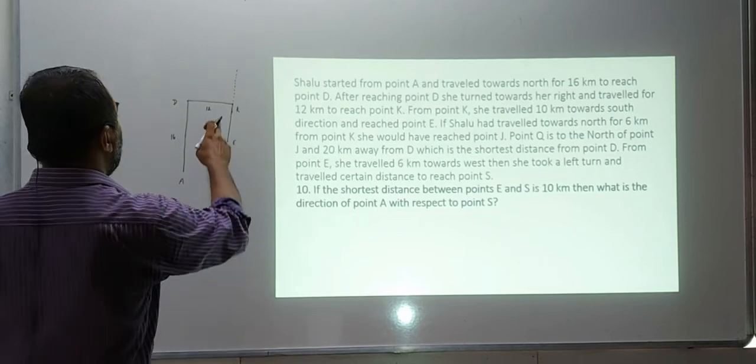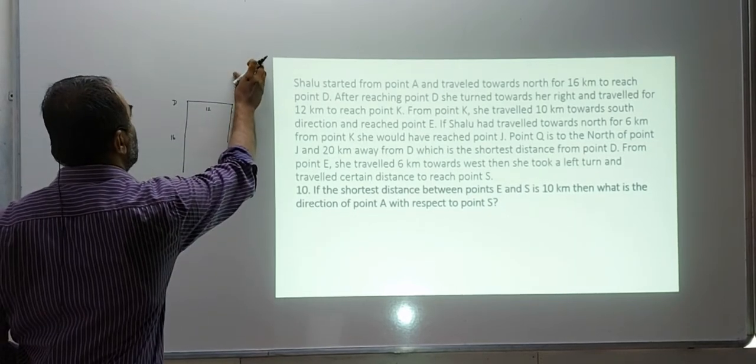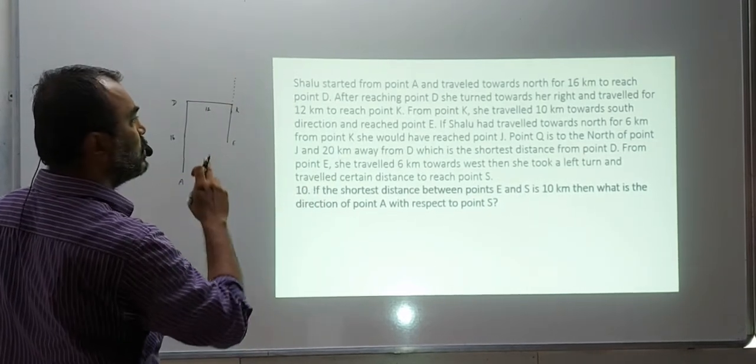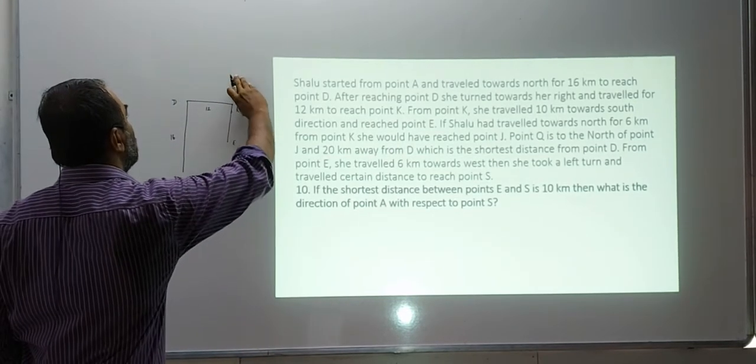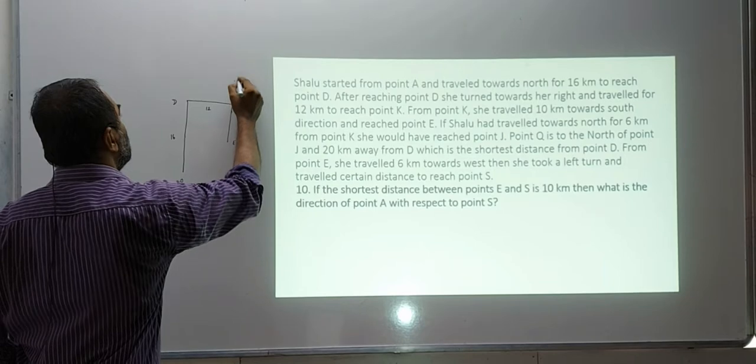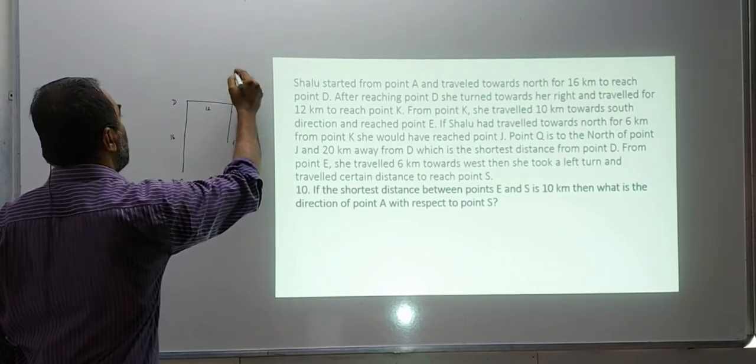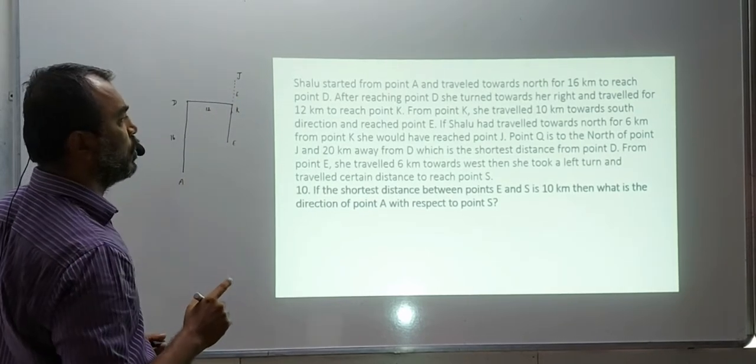She has traveled 10 kilometers towards the south. But if she had traveled 6 kilometers north from point K, she would have reached point J. So I draw the dotted line for the if she had gone.